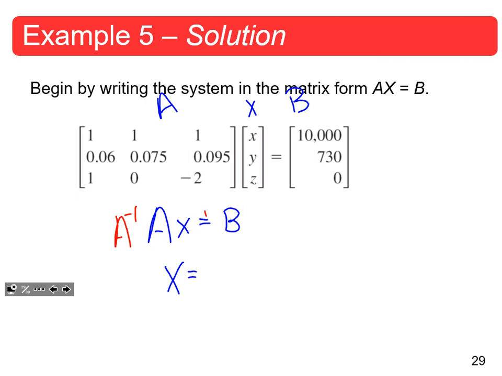Now what we do to one side, we have to do to the other. Since we multiplied from the left, we have to keep it on the left. So we'd have A inverse times B. So in the calculator, we can do matrix A inverse times B. Y'all got that typed in?